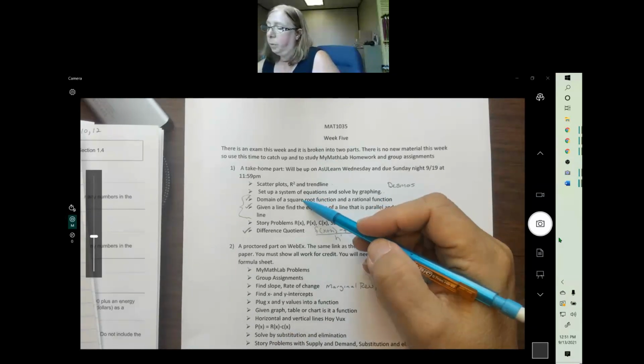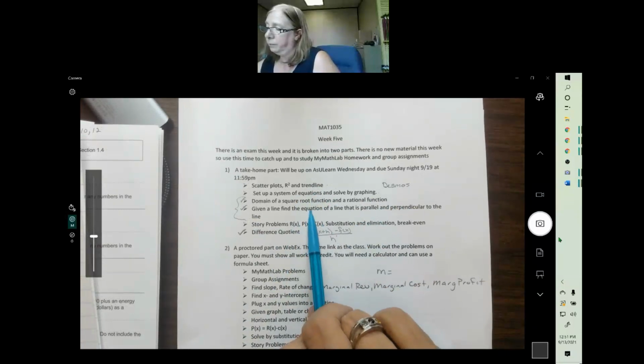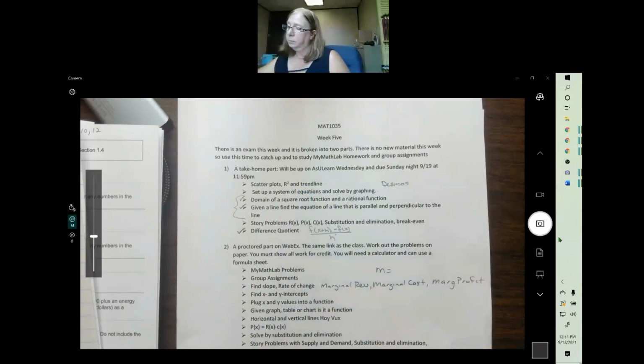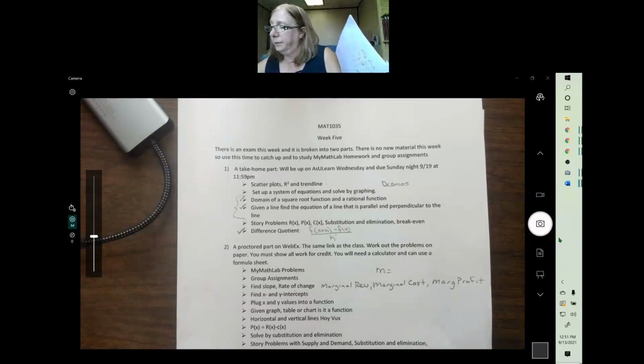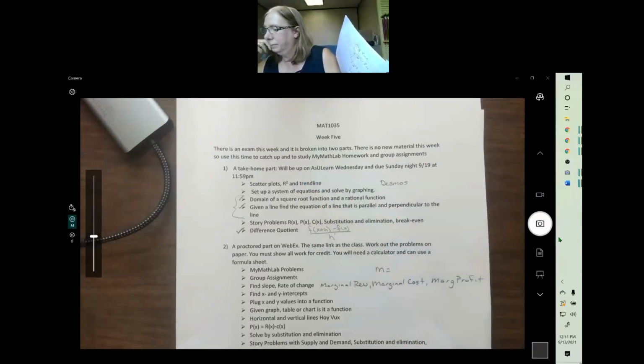But the biggest thing, domain will only be on the take home. Same thing with parallel and perpendicular difference questions. Looks like a lot of what we did today is on the take home part. And what's left is on the other one, except the scatter plot.